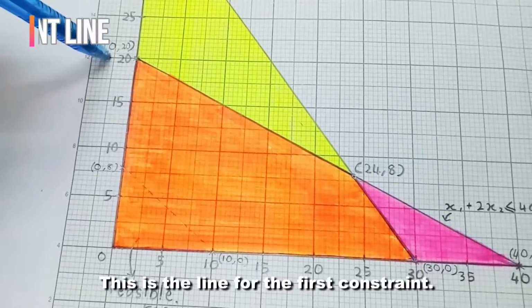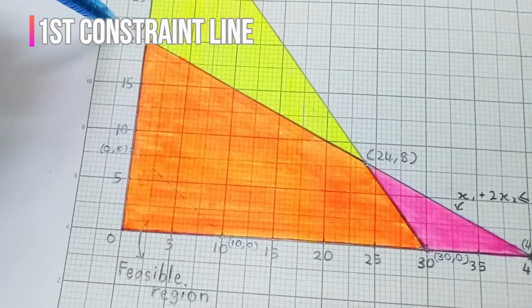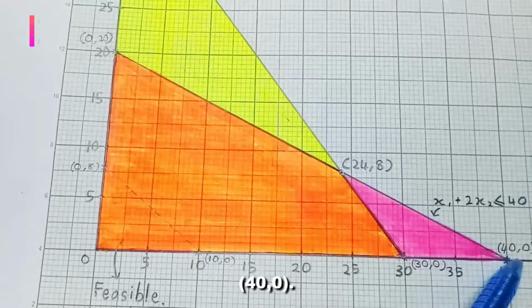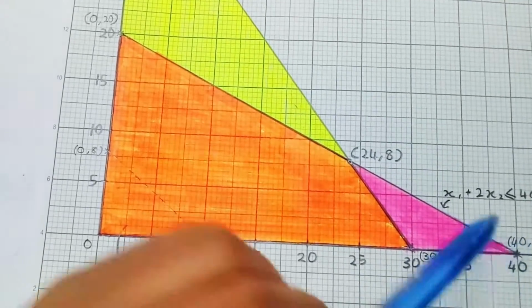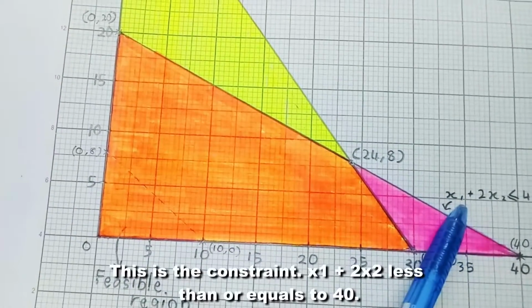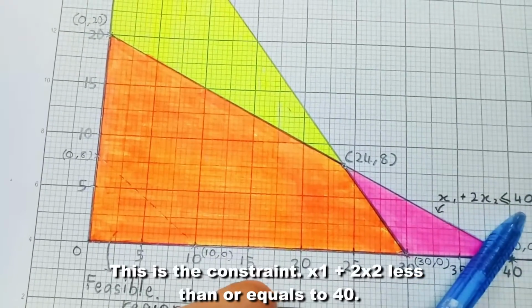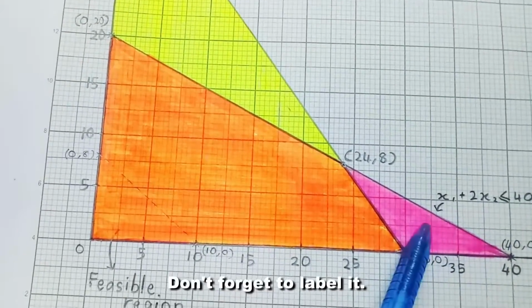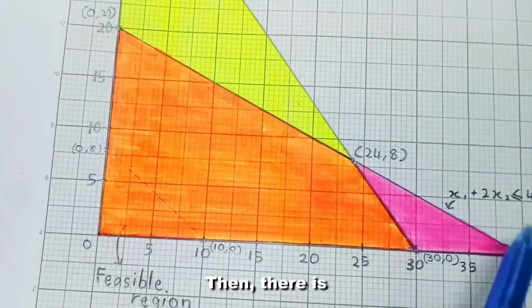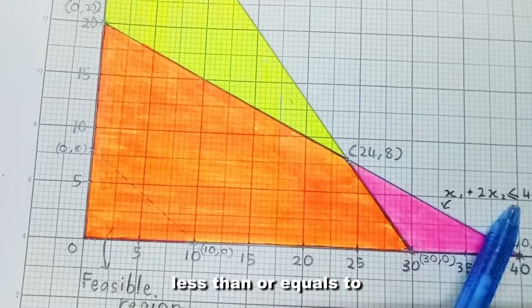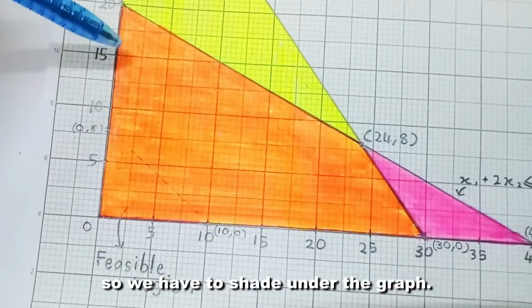This is the line for the first constraint, from 0, 20 to 40, 0. This is the constraint x1 plus 2x2 less than or equal to 40. Don't forget to label it. And then it is less than or equal to, so we have to shade under the graph.